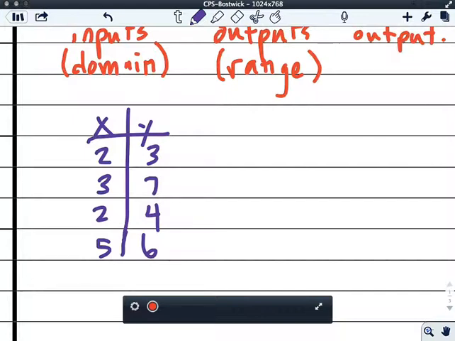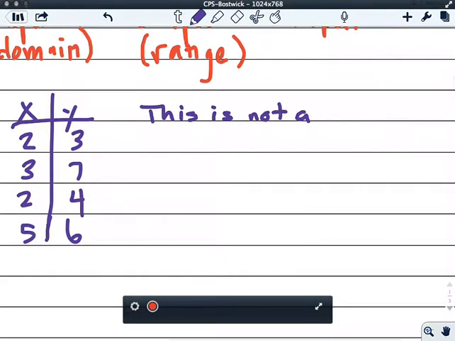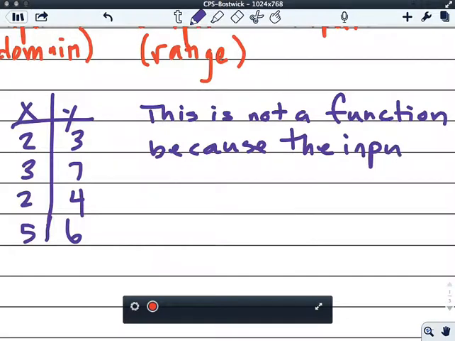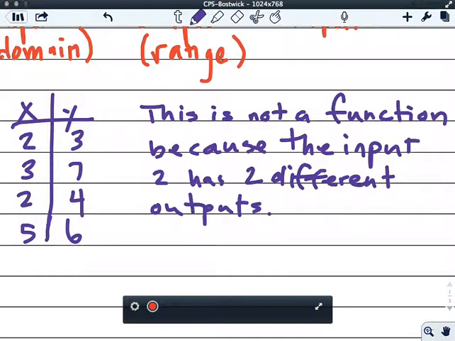This situation is not a function because the input 2 has two different outputs, which I can write as 3 and 4.